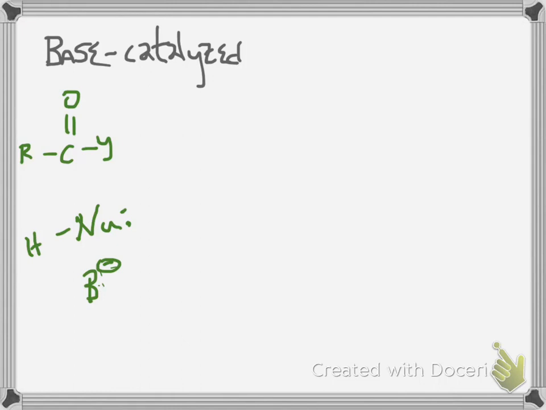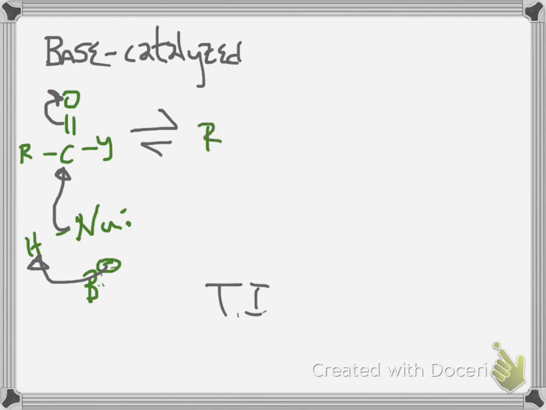So the example that we would have here would be the base removing this hydrogen so that the nucleophile could go on and attack, breaking that double bond to form our tetrahedral intermediate once again. So it's tetrahedral. There are 4 things bound, and I'm showing the alkoxide form of the tetrahedral intermediate.